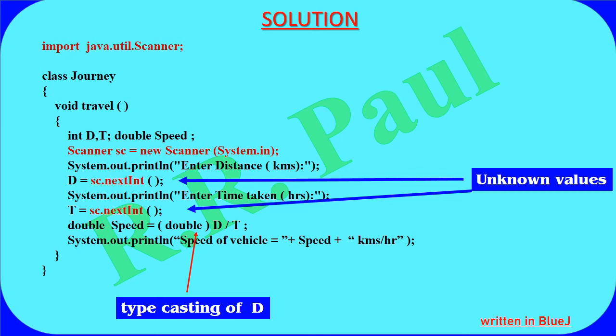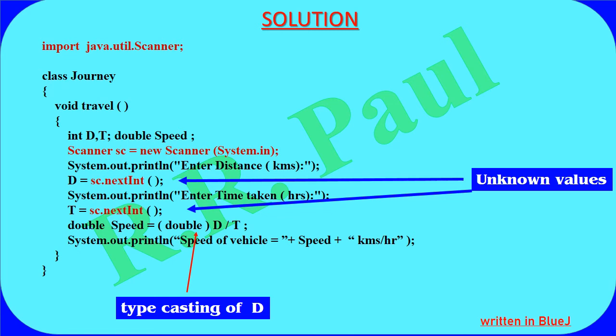You must have noticed that sc is the object of the Scanner class. As I have already told you, any name can be taken as the name of the object because it is just an identifier, so all the rules of identifiers are applicable on it.